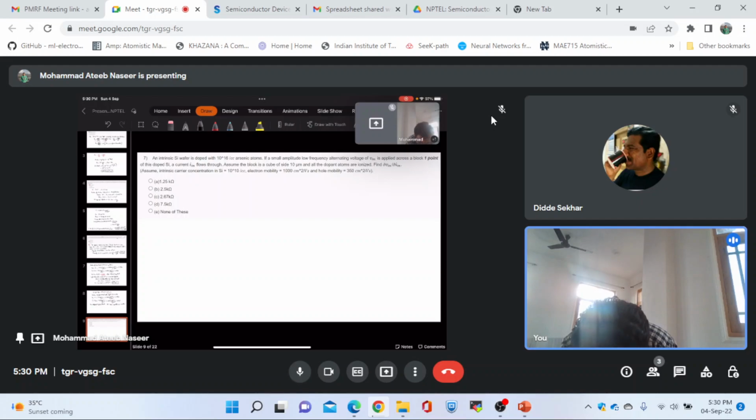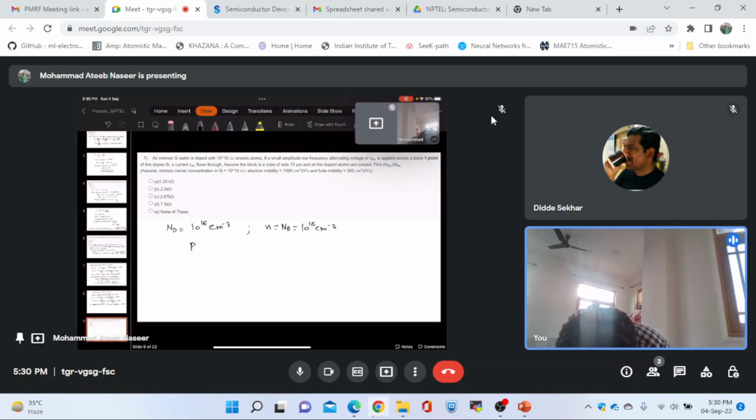Now if we see what we have been given, we have been given the donor concentration, which is 10 to the power 16 per centimeter cube. Since all the dopant atoms are ionized, we can simply find the hole concentration as well. This n will simply be equal to Nd, which is 10 to the power 16 per centimeter cube.